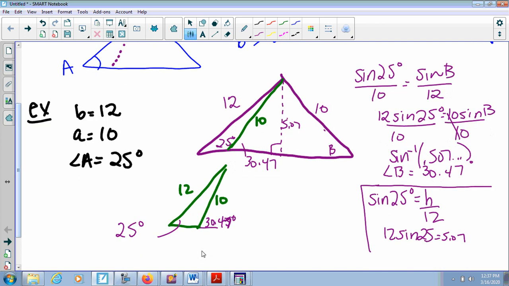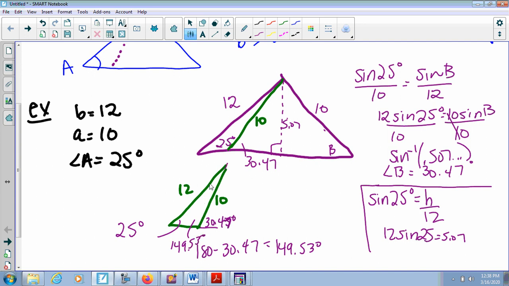So 180 minus 30.47 is going to give us our second angle, which is 149.53. So if you were to try and solve both of these triangles, you would subtract and then use law of sines with the remaining angles that you have here.